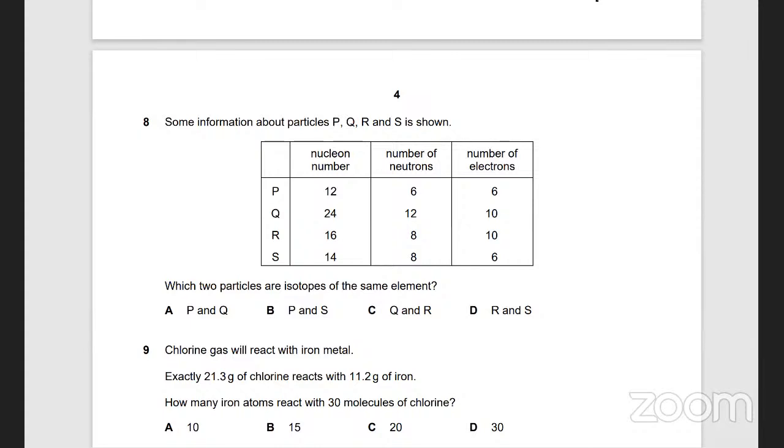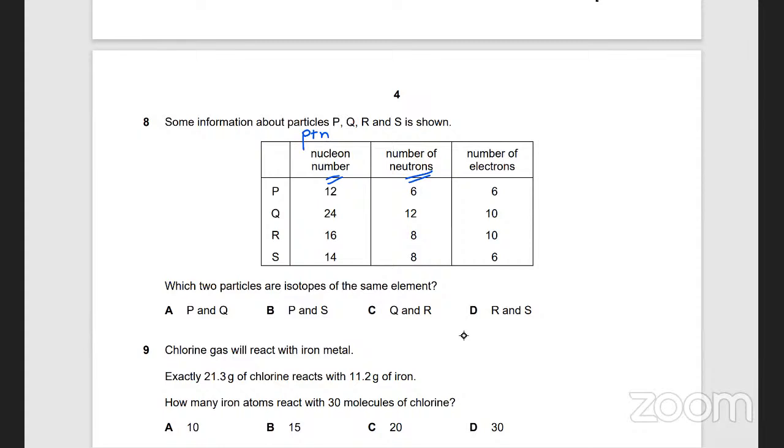The nuclear number is also different because it's the proton plus neutron number. So the number of neutrons is going to be different, and the electrons are probably going to be the same.